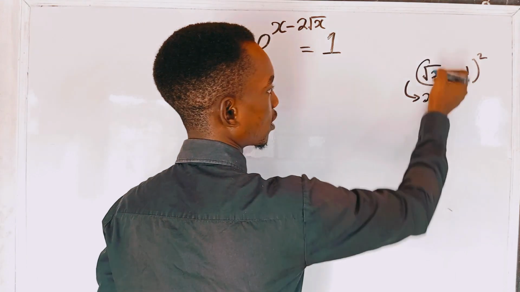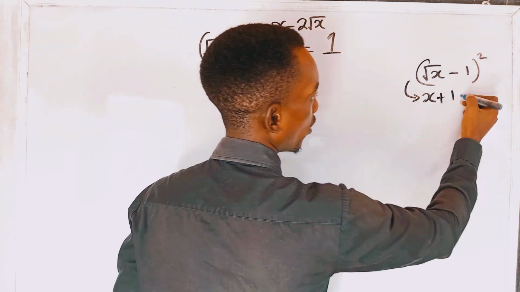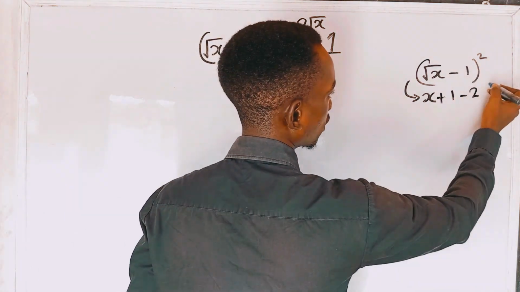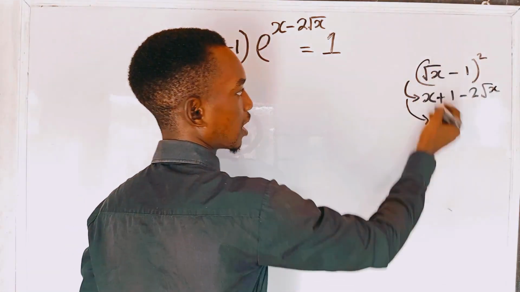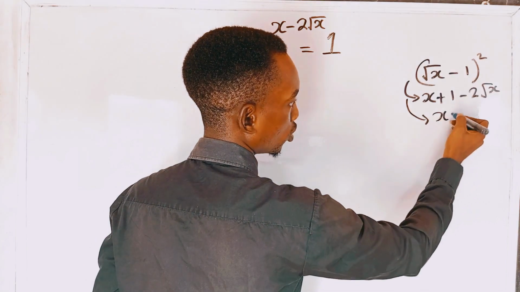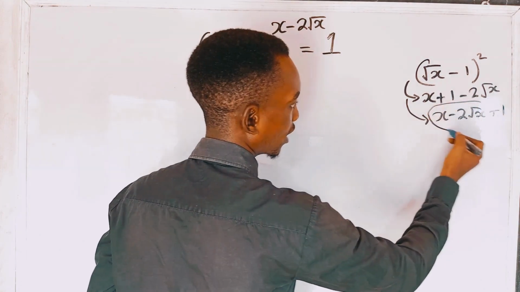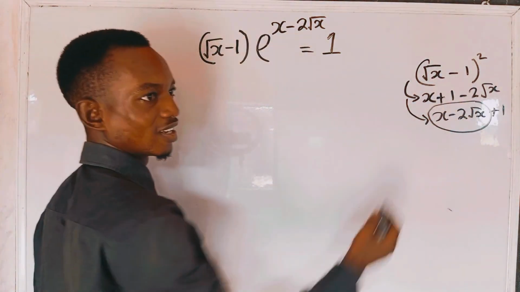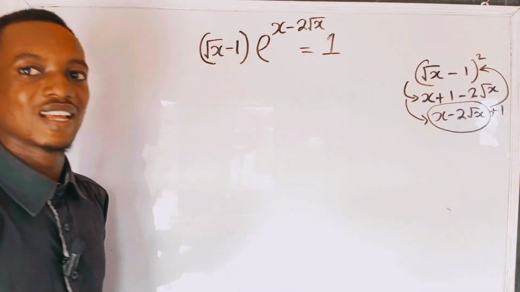So that will give us x, this one squared will give us x, then plus 1, then minus 2 times 1 times root x. So it means that this actually will give us minus 2 root x plus 1. Voila, something we have recognized. Can you see? We have actually extracted this from this. That is the pattern that we need.